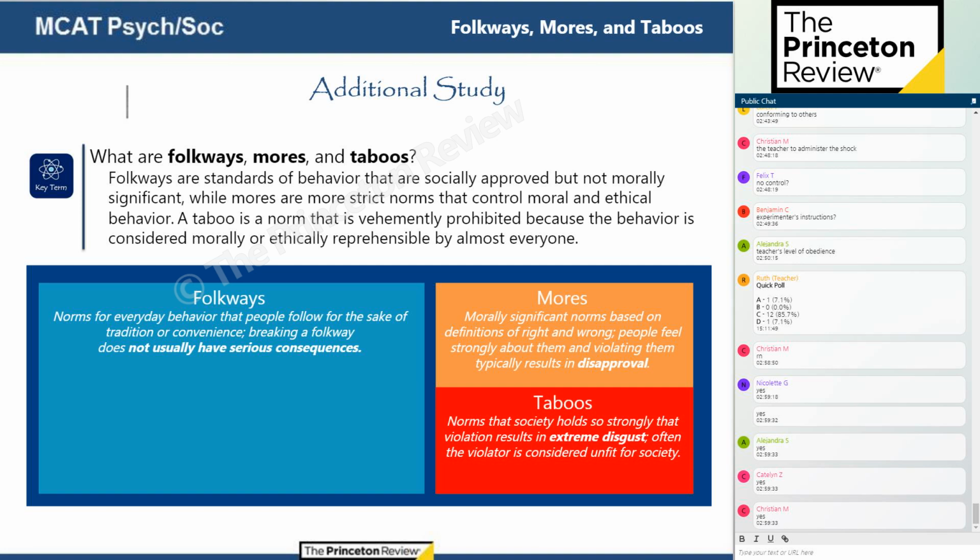Knowing the difference between folkways, mores, and taboos. Basically, this is getting increasingly stricter in enforcement and moving towards a sense of morality rather than just what people do.